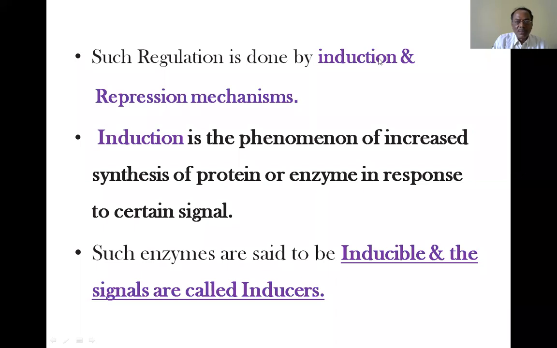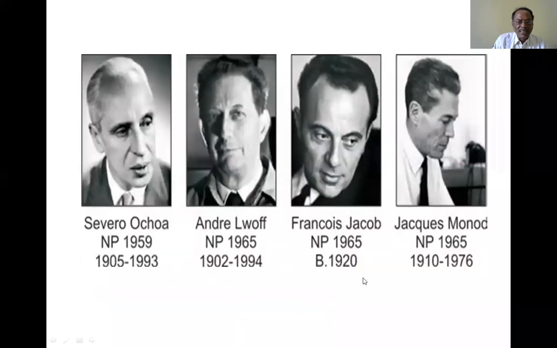If some signal or substance is there, then those particular genes start being expressed, and they participate in the metabolism of that substance. That substance is called the inducing substance, and the signals are inducible signals.